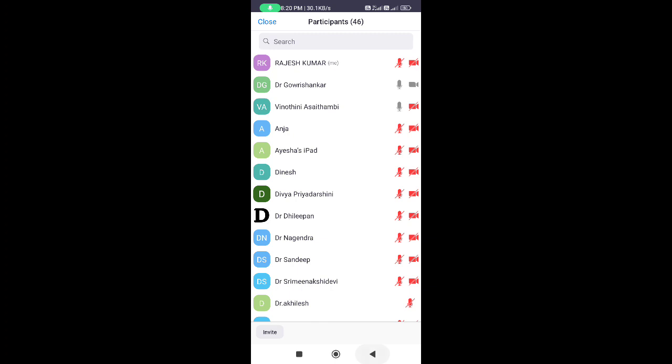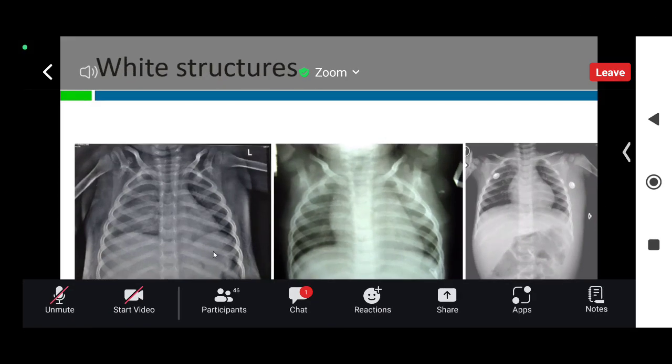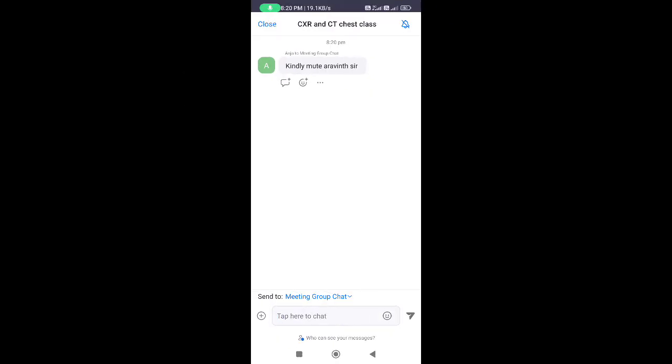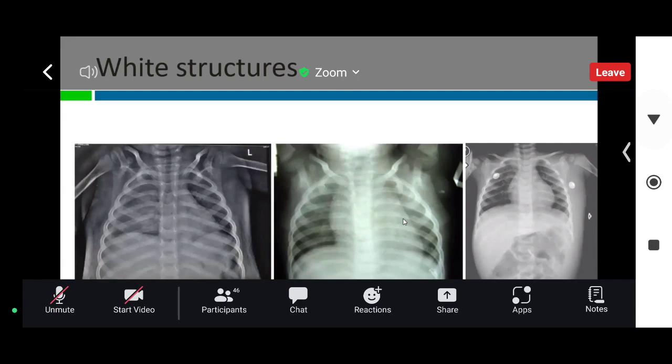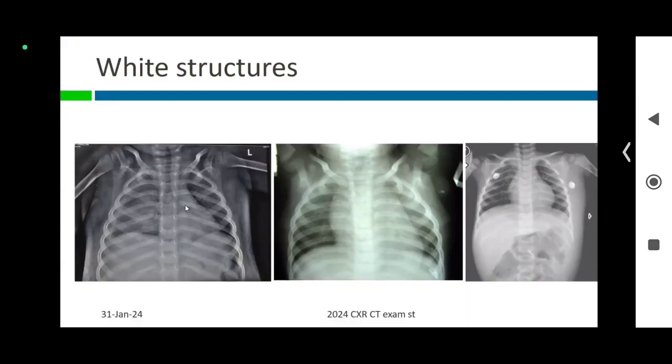Okay. Now, any one of the PGs, or I should ask Dr. Geetika Pavitran to tell what exactly is there in the three X-rays. Just look at only the white structures. Geetika, unmute and then tell me, ma.